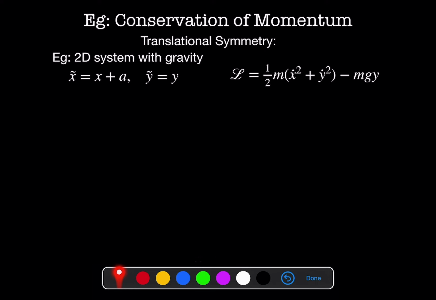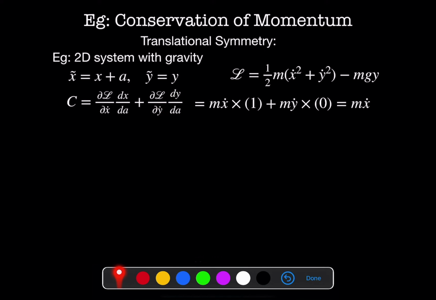Here, if I were to substitute y goes to y plus a, I would end up with a different Lagrangian. My conserved quantity is the sum over my different coordinates of ∂L/∂(coordinate dot) times ∂(coordinate)/∂a. So I do this for both x and y. The y term vanishes because it does not depend on a.